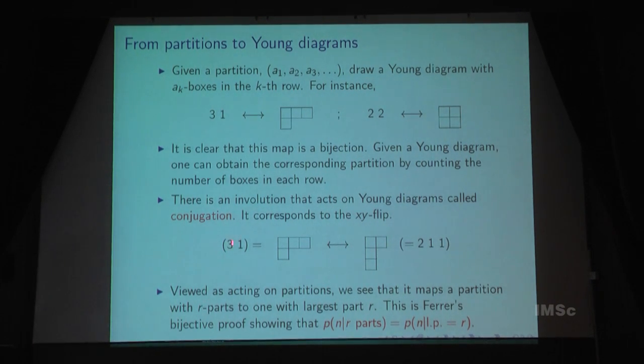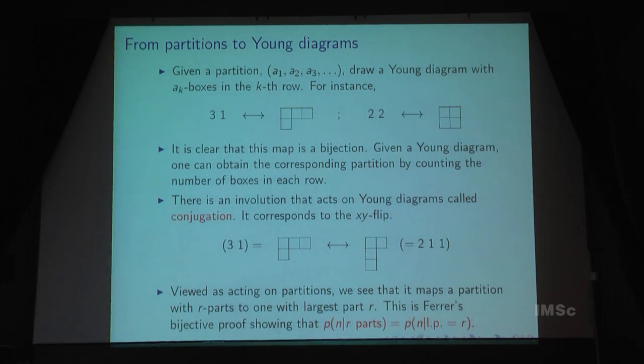So this operation is called conjugation. But now if you ask what it does to partitions, you look at this one: it maps a partition with R parts to one with largest part R. This partition has largest part 3, while this one has 3 parts. So this picture says that this is a bijection.